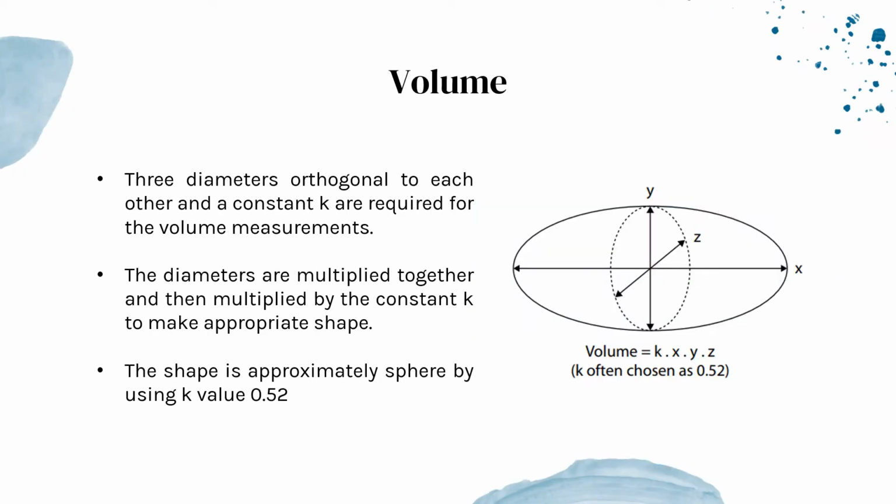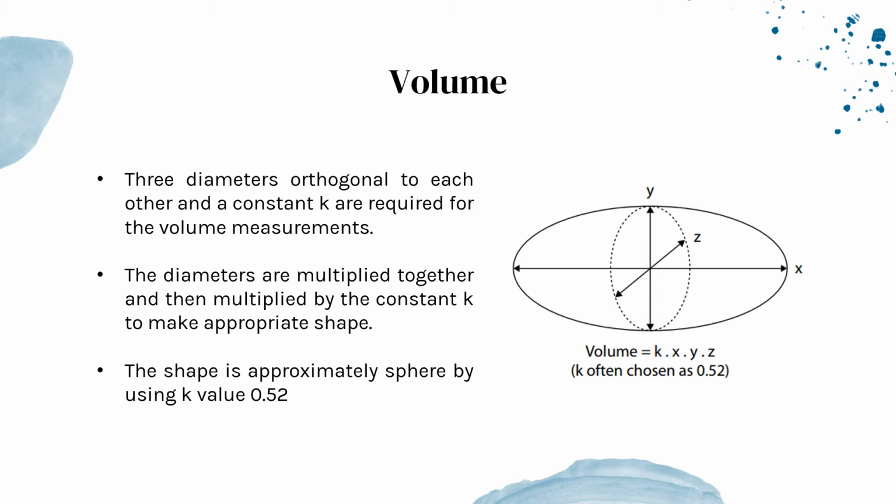Now the volume measurements. To make a measurement of a volume using two-dimensional images, the images need to be acquired perpendicular to each other. That means three diameters orthogonal to each other and a constant K are required for the volume measurement, as shown in the right figure here.